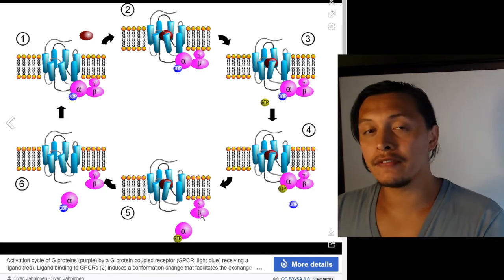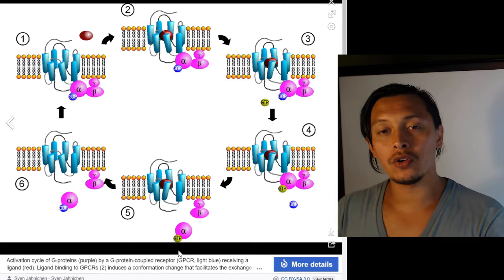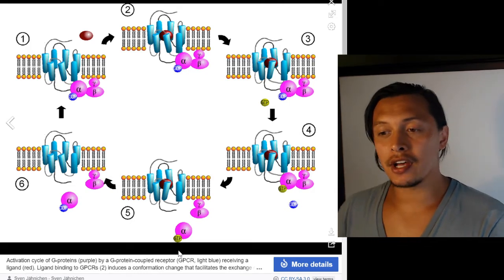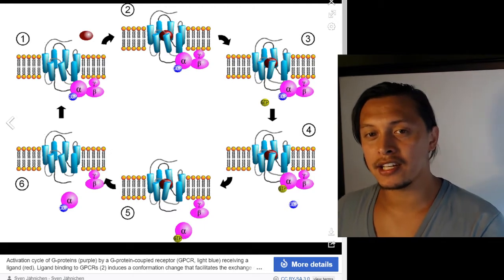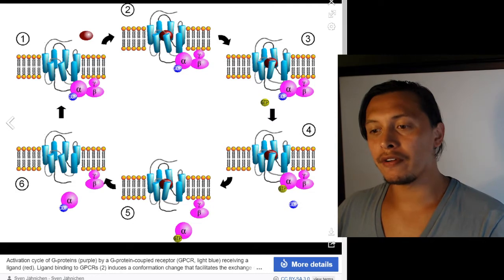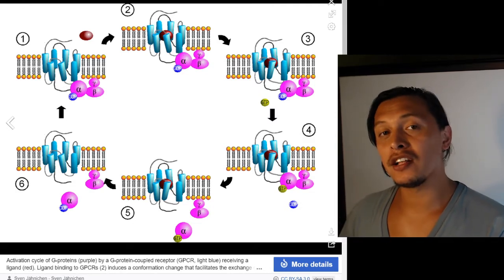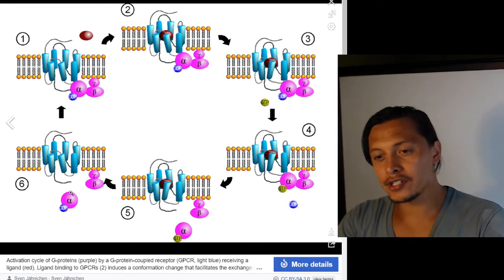Now granted, eventually, over time, this GTP, which is a high energy molecule, is probably going to randomly hydrolyze by itself, or this alpha subunit also has some GTPase activity, if I remember correctly, and so eventually this GTP is going to just deactivate. It's going to go from the on state to the off state, and as you can see, that is what's happening here.